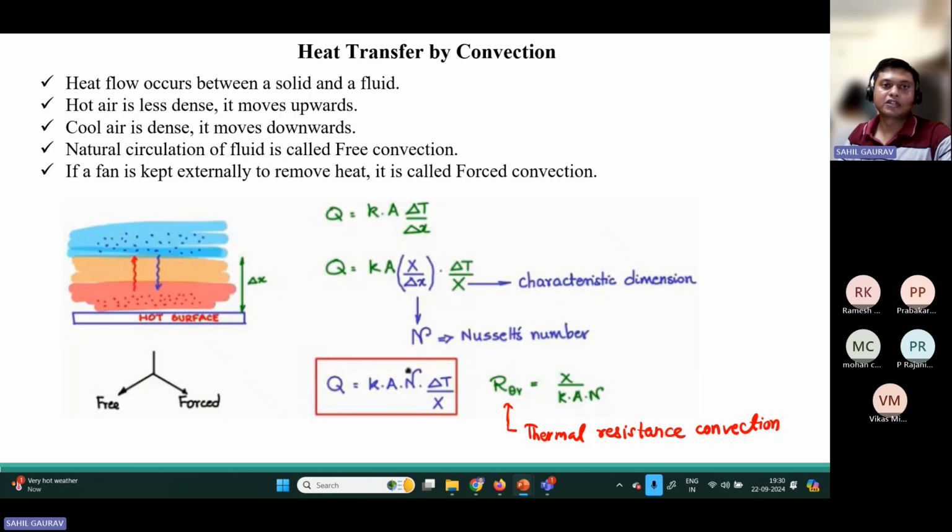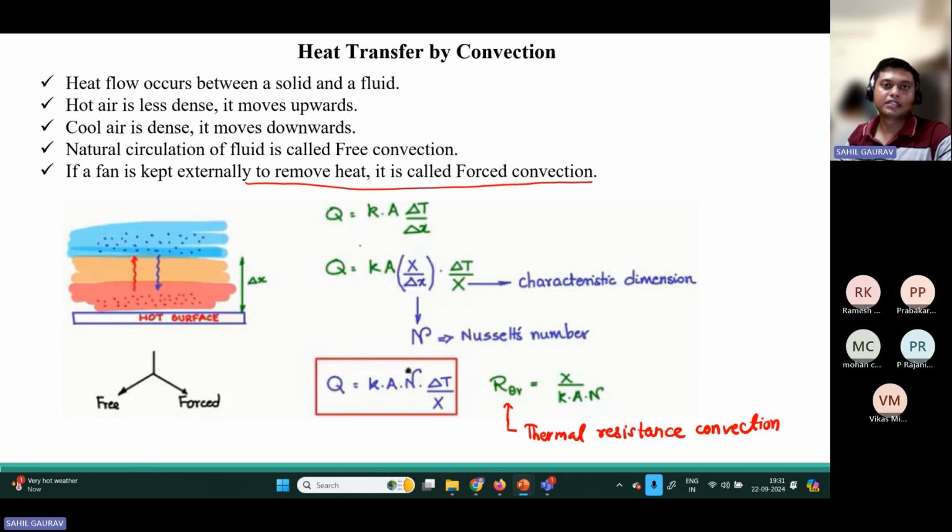This natural circulation of fluid is called free convection. And if a fan is kept externally to remove heat, it is called forced convection. Free convection is where hot air automatically goes upwards while cool air automatically goes downwards, while if you use a fan to speed up this process, that is called forced convection.